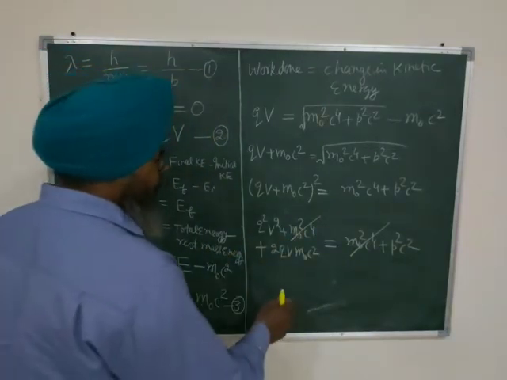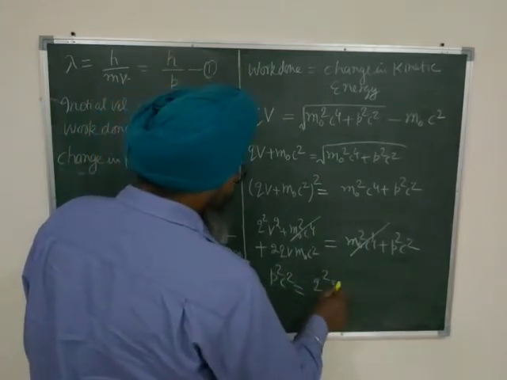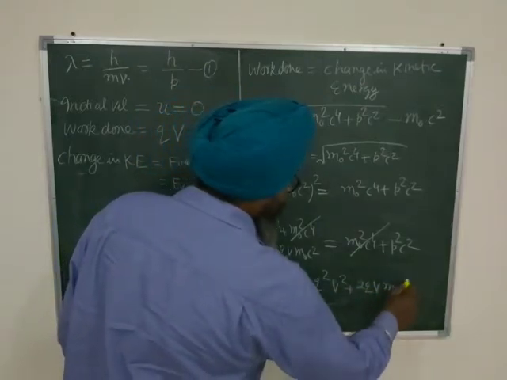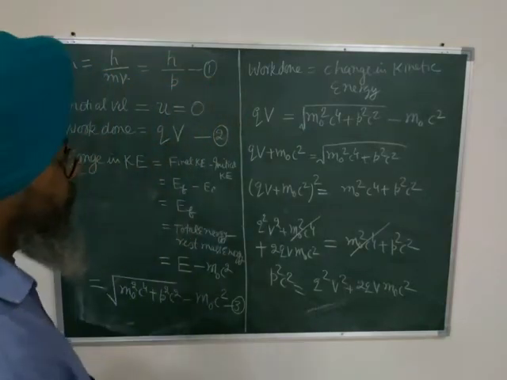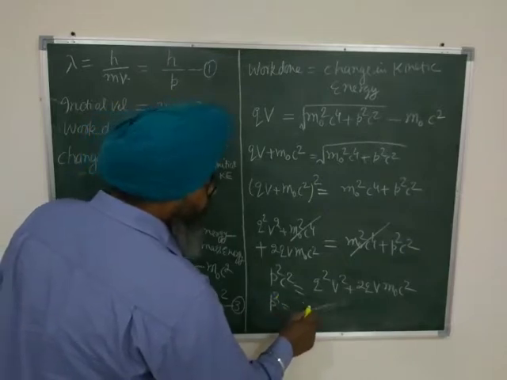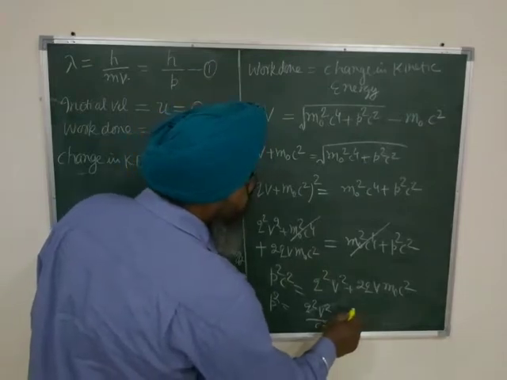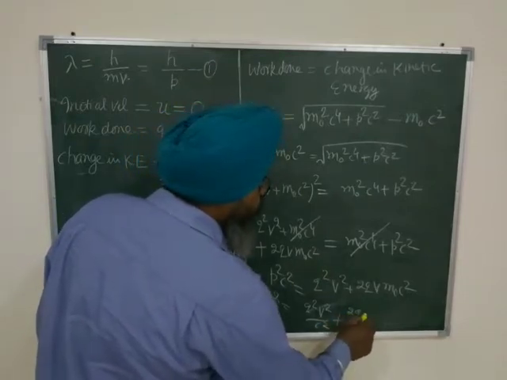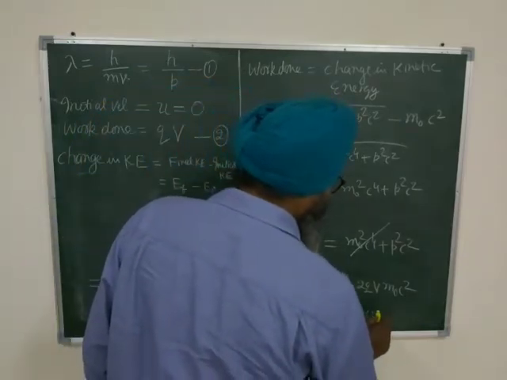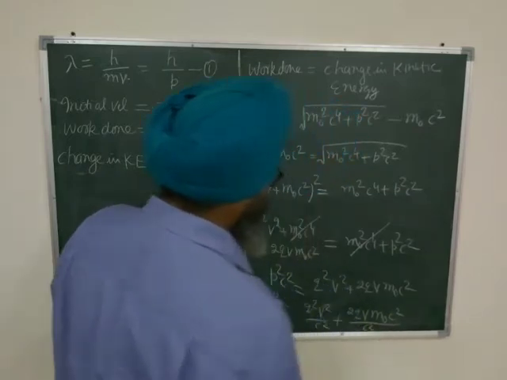So therefore I will have p squared c squared equal to Q squared V squared plus 2QV m0 c squared, and therefore p squared will be equal to Q squared V squared by c squared plus 2QV m0 c squared by c squared.